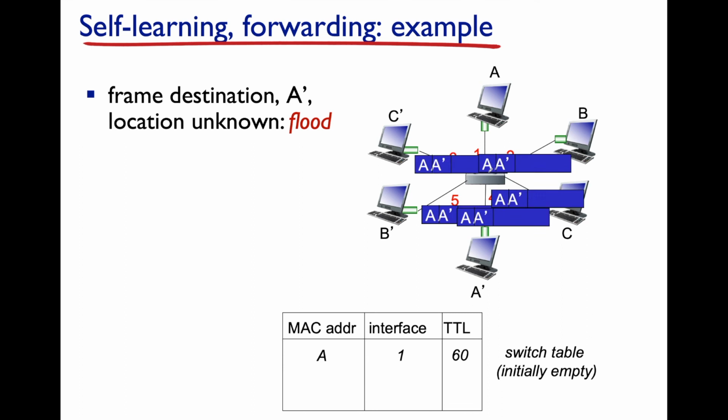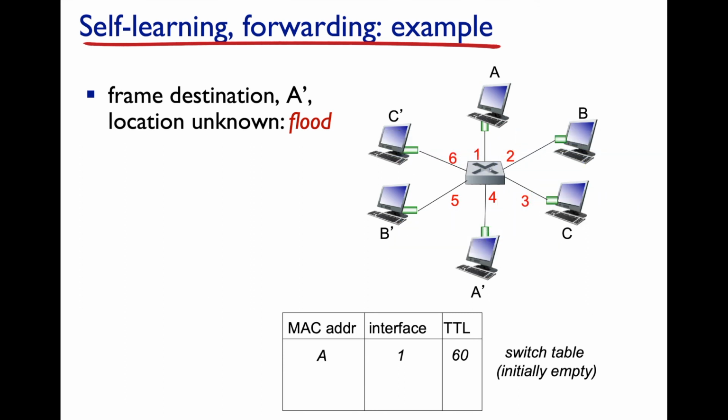So it floods, sending a copy out on every link except the link from which it originated. Now when it sends along those links via flooding, C prime, B prime, C, and B say, well, that's not my MAC address, I can't be the destination. Except host A prime says, oh wait a minute, that's my MAC address. I'm going to pull that frame into memory, and I'm going to unwrap the datagram stored inside as payload.